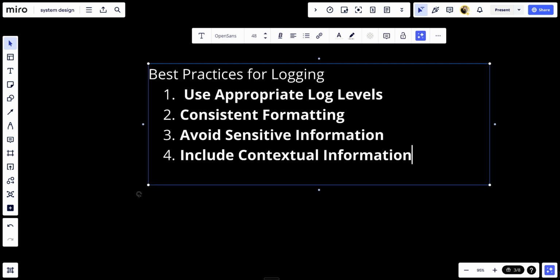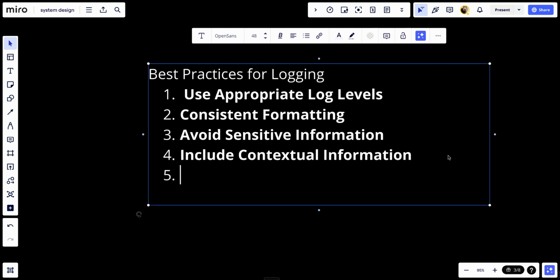Number four, include contextual information. Provide enough context in log messages to understand the events without needing additional information. Number five, manage log volume.